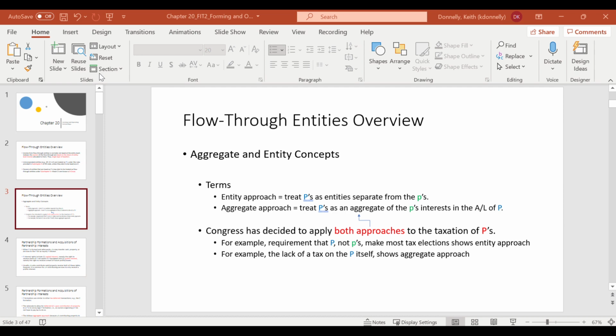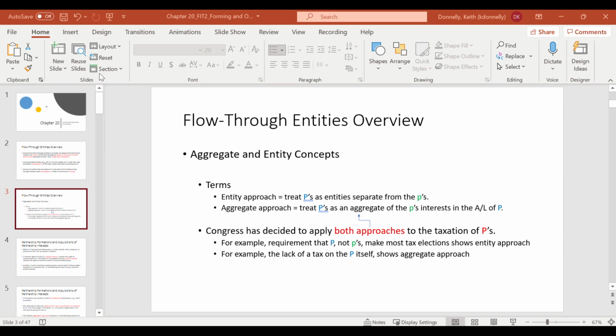In distinction, we have the aggregate approach, which basically treats the partnership as a bundle of different interests. The partnership is nothing more than the collection of all of those partners' individual interests. And those are represented by the assets and liabilities within the partnership.